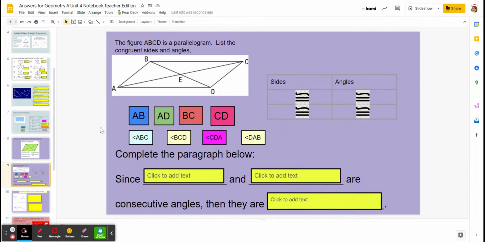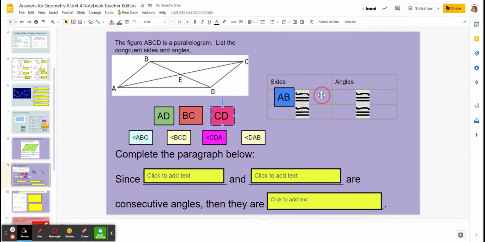All right, slide 9 here. We've got a parallelogram and we have to list the congruent sides and angles. So since this is a parallelogram, we know AB must be congruent to DC or CD.